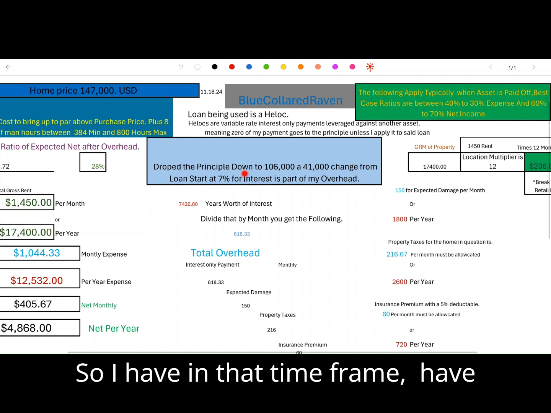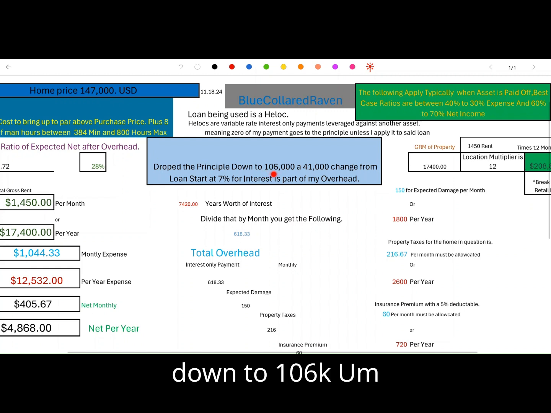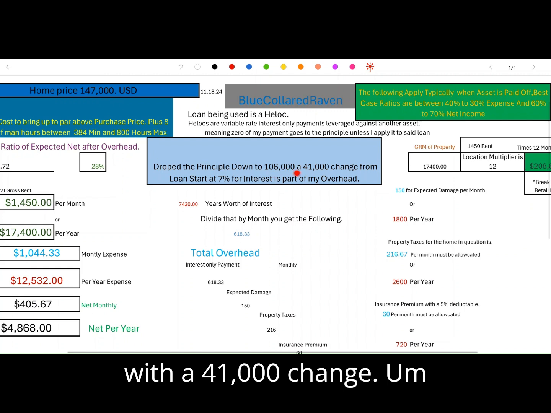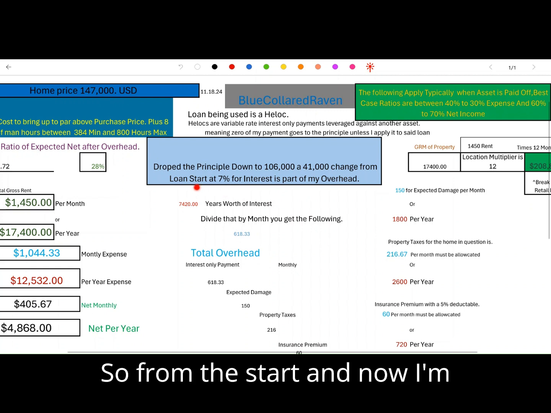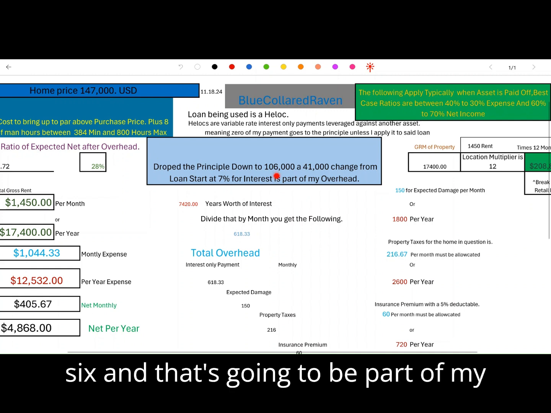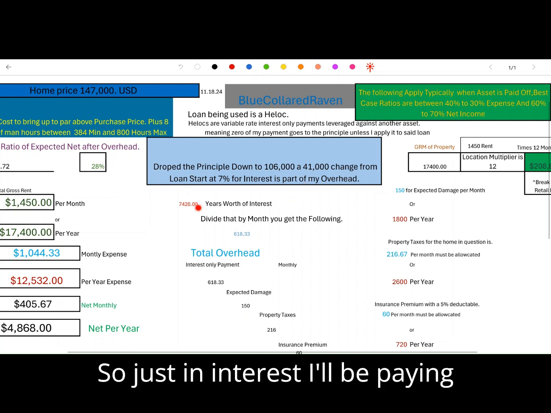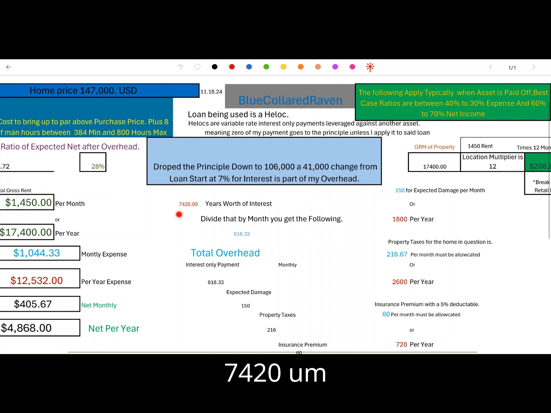In that time frame I have dropped it from the 107 down to 106 with a 41,000 change. Now I'm sitting at 7% times the 106, and that's part of my overhead. So just in interest, I'll be paying 7,420. If you want to see the monthly, it's down here, roughly 618.